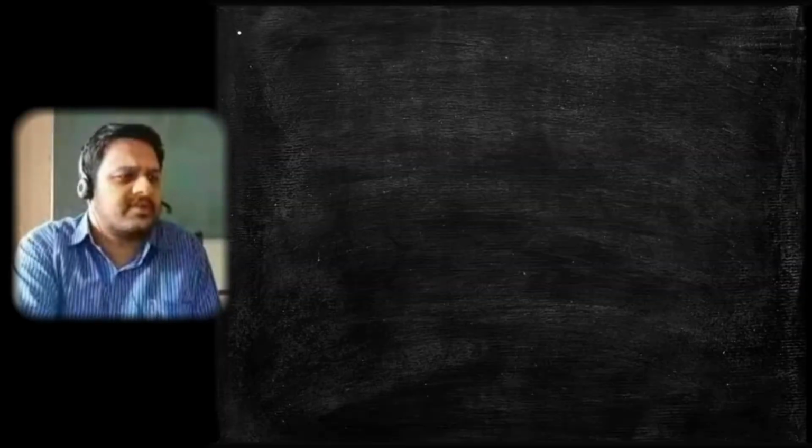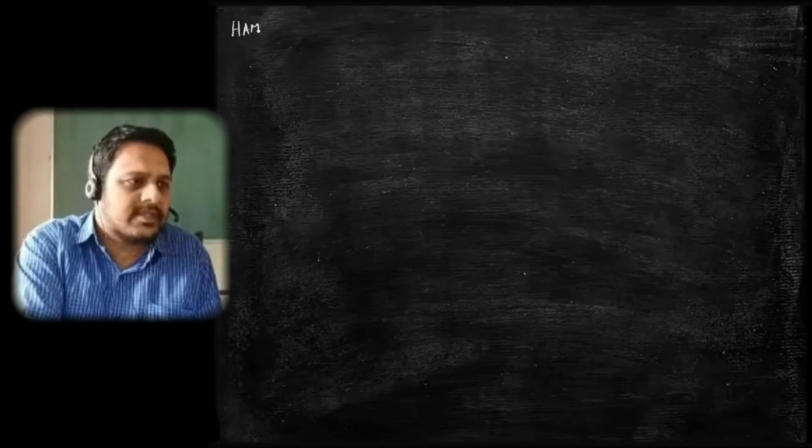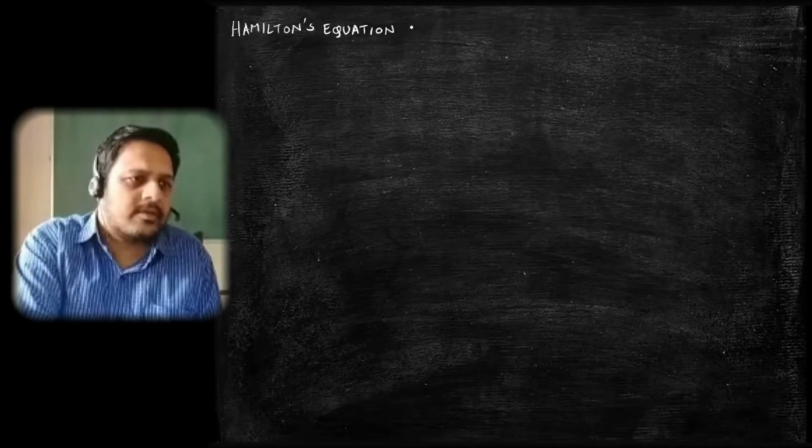Let us begin today's discussion, or today's second discussion as such. To start with this session, what we will try to do is look at Hamilton's equations from a different viewpoint, or write them in a different form or notation.